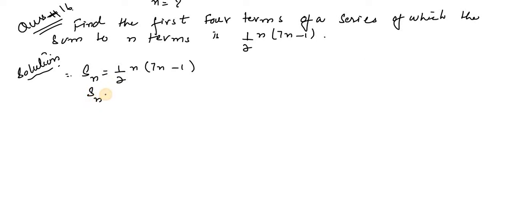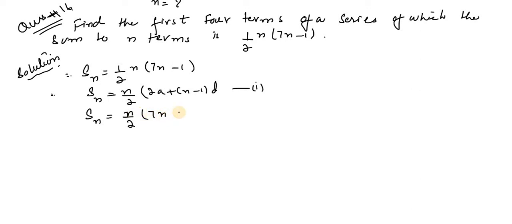We know that in arithmetic progression, the formula for the sum of n terms is n upon 2 times (2a plus (n minus 1) d). This we call equation number 1. In the question, Sn is equal to n upon 2 times (7n minus 1).